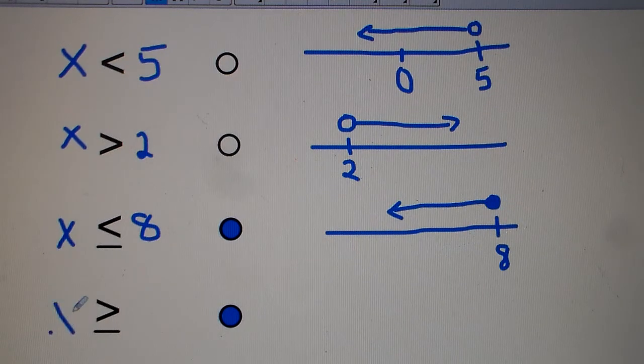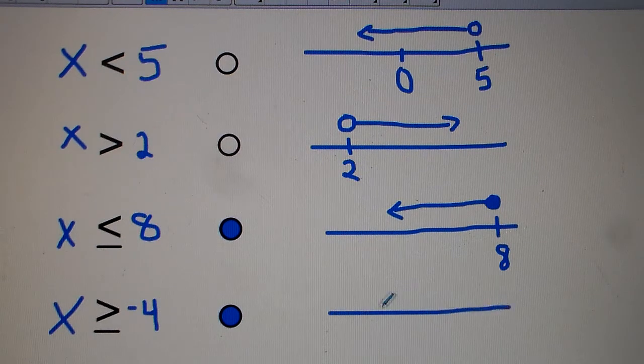And if we have x is greater than or equal to, let's say 4, or better yet, let's do a negative number. X is greater than or equal to negative 4. Add negative 4 in our number line. We're going to have a closed circle, and since it's greater than or equal to, we go to the right.